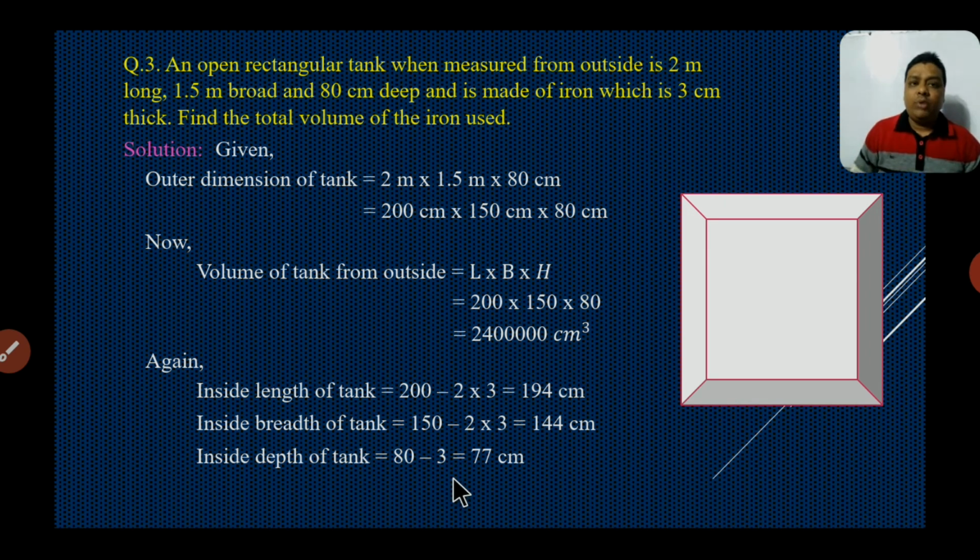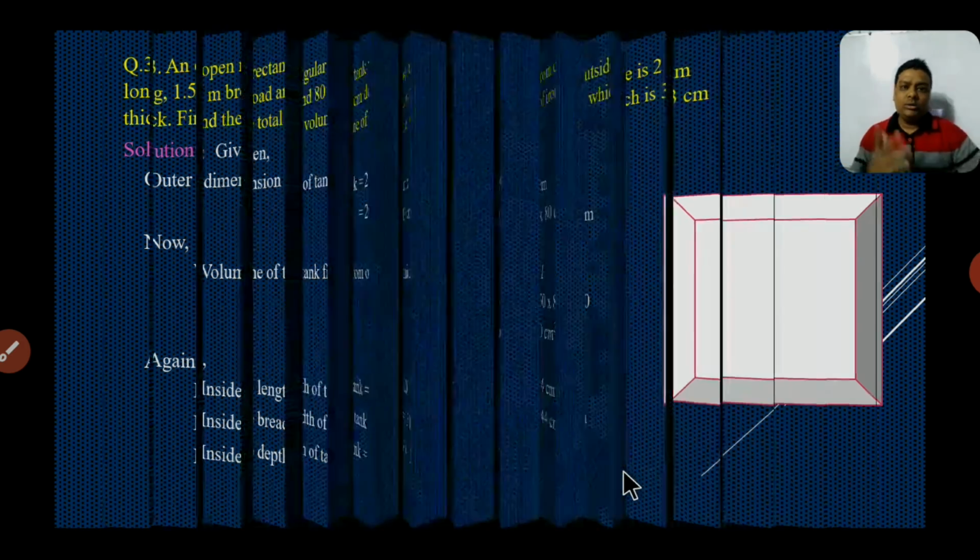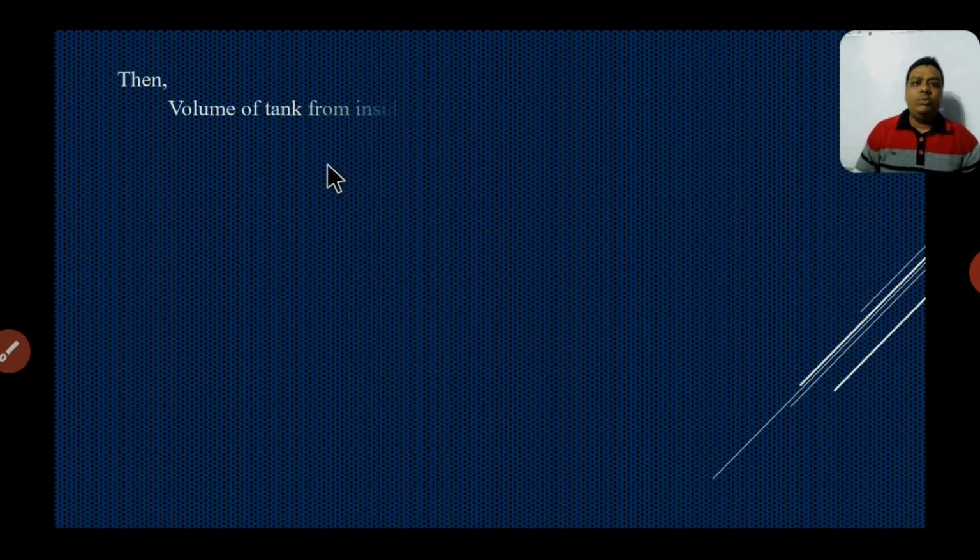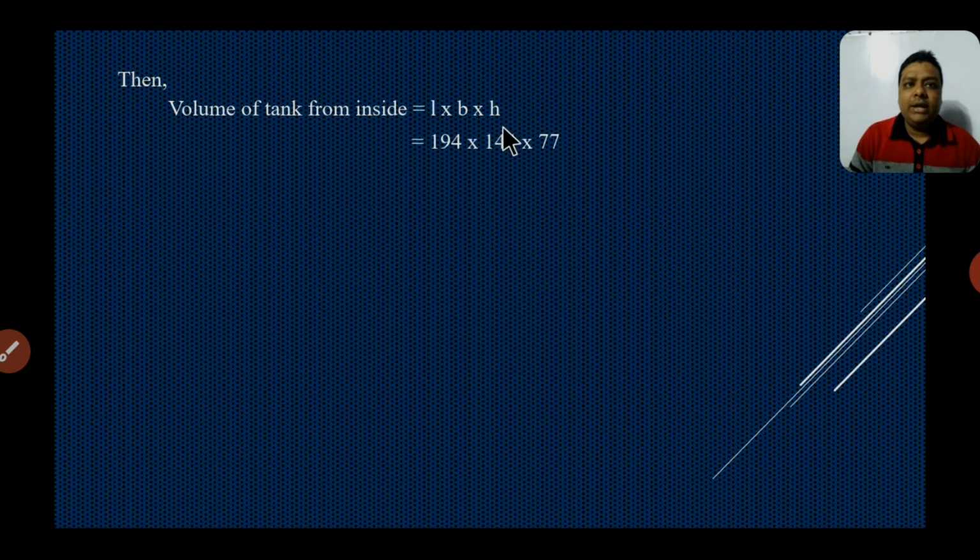Now we can find the inside volume, that is volume of tank from inside. And if you subtract volume of tank from inside from outside, you will get the volume of the iron used in it. So volume of tank from inside, L into B into H: 194 into 144 into 77, it will be 21,51,072 centimeter cube.